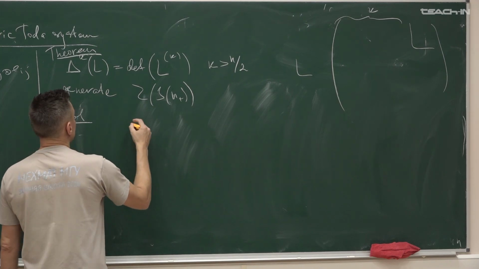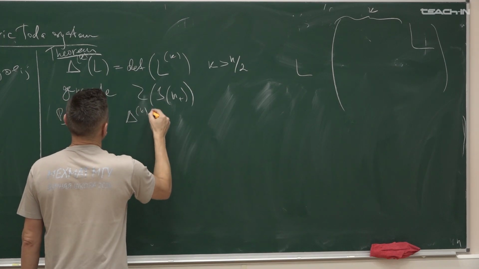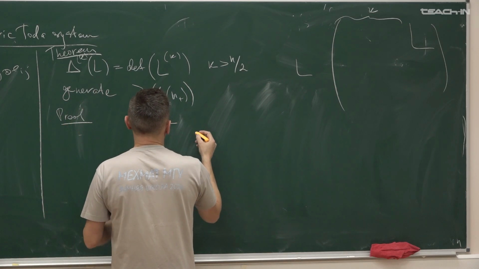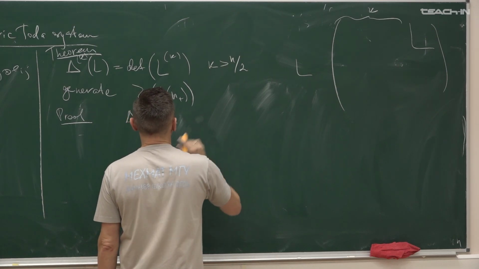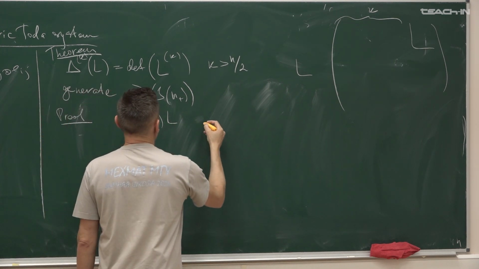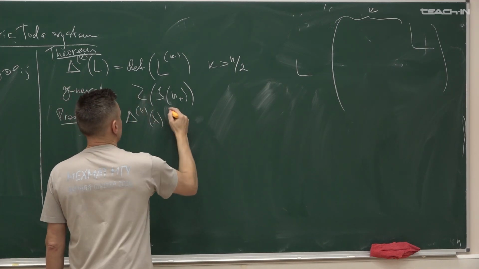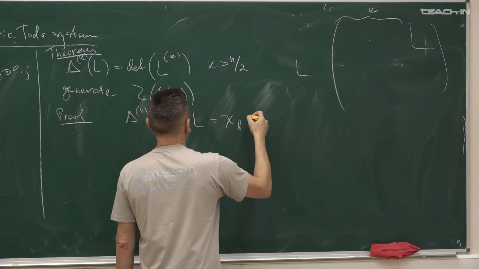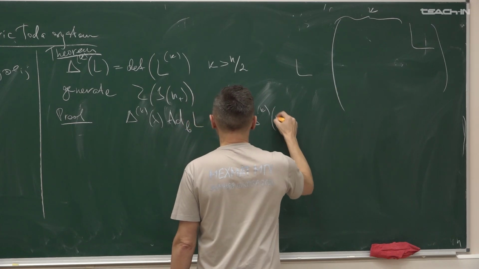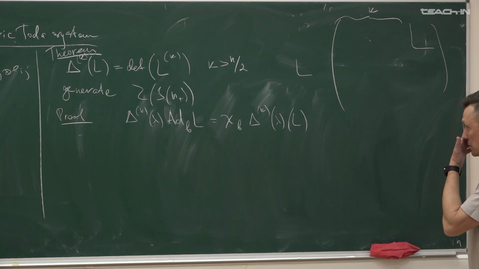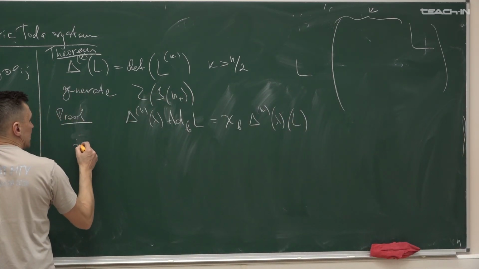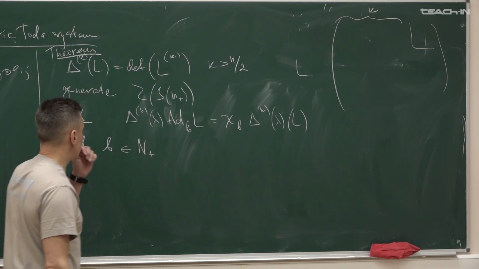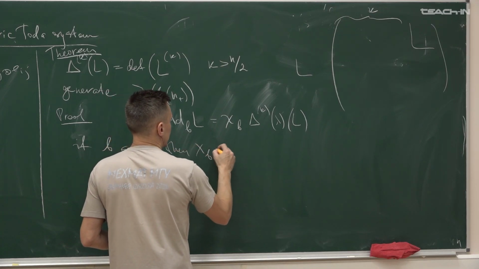Do you remember the statement that delta k of lambda of L, so we demonstrate that the action of B on L is delta k lambda of L. If B is an element of the nilpotent group, then the character of B is equal to 1.